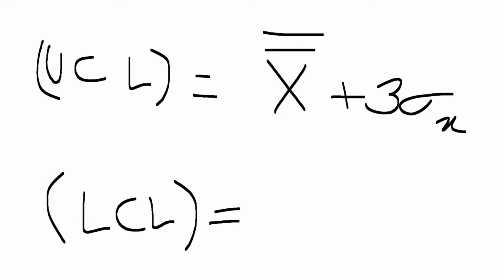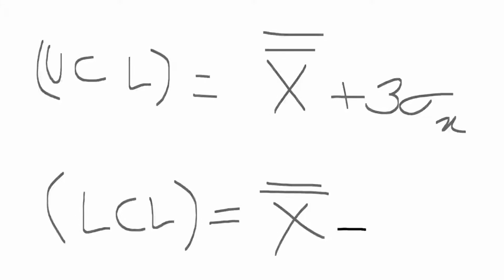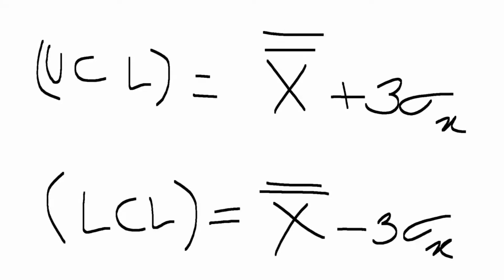Whereas what is LCL? It is x double bar minus 3 sigma x. Now see, x double bar is our grand mean, and UCL is x double bar plus 3 sigma x. Sigma x is our simple standard deviation.